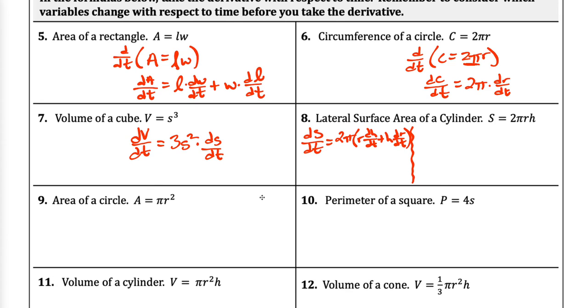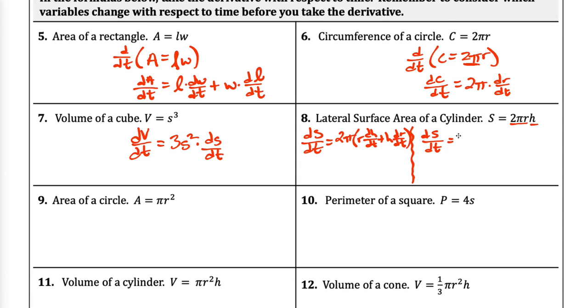So the other way you could have done this is you would treat 2 pi r as the first item and then h as the second one. And I don't know which way you guys chose, but absolutely this way on the left is correct. So ds dt would be the same on the left of both. It's pretty much just like if you were to multiply out this 2 pi r.